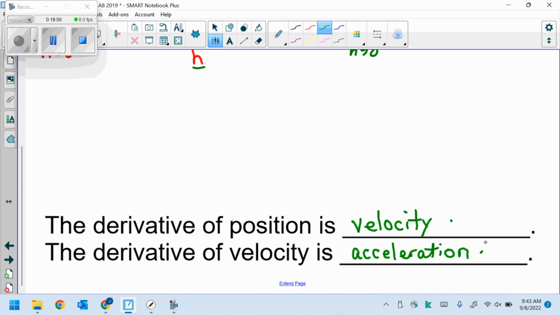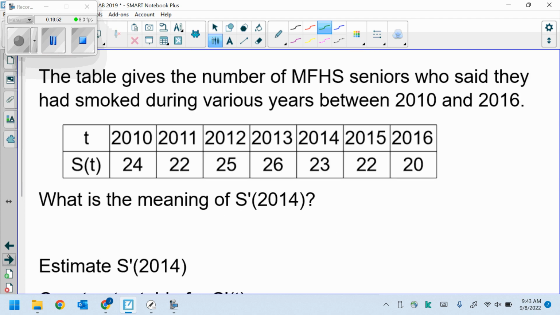Finally, a table gives the number of MFHS seniors who said they smoked during various years between 2010 and 2016. What is the meaning of the derivative in 2014?